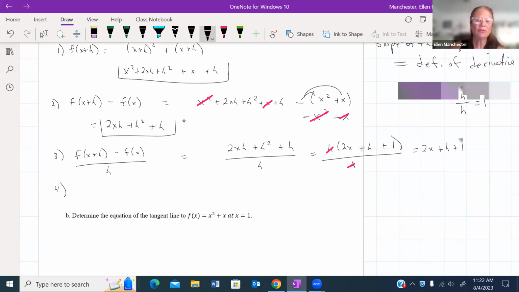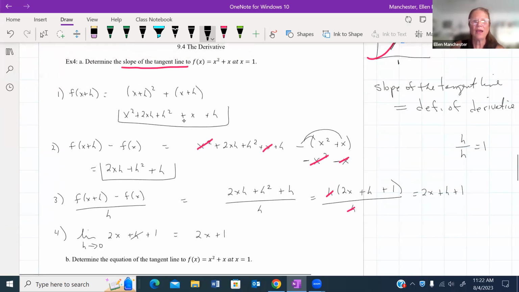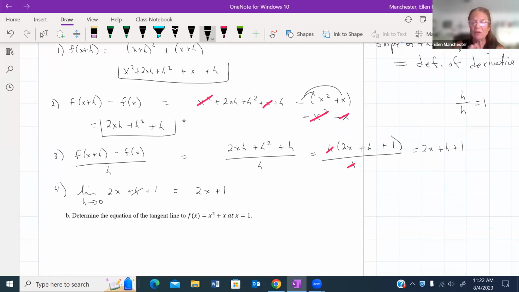So remember, your fourth step is you find the limit as h goes to 0 of the 2x plus h plus 1. Well, when h goes to 0, that cancels, so I end up with 2x plus 1. Okay, so that right there is my derivative. So the slope of the tangent line at x equals 1 is 2 times 1 plus 1.